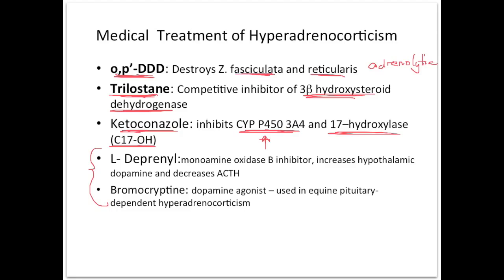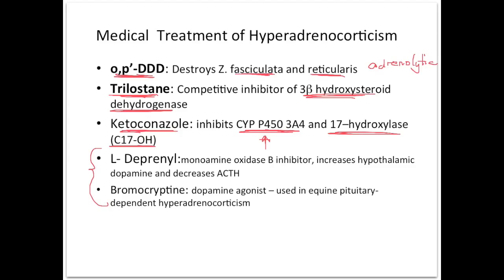So if you take dopamine away, ACTH will go up, and you will end up getting pituitary-dependent hyperadrenocorticism, and that would lead to bilateral adrenal hyperplasia. So these two drugs really are trying to get at, in theory, the location of the problem, the primary problem.